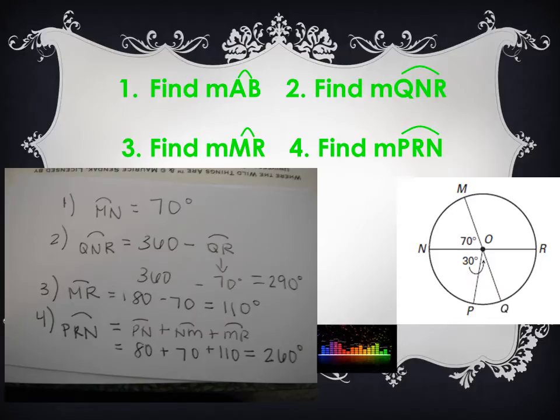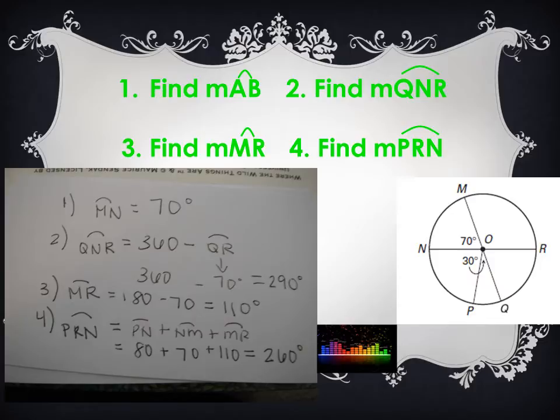From there, we are asked to find MR. We know that arc MR and arc MN create a semicircle, which is 180 degrees. So we do 180 minus 70 to get arc MR, which will be 110 degrees. And then the last one asks us to find arc PRN.